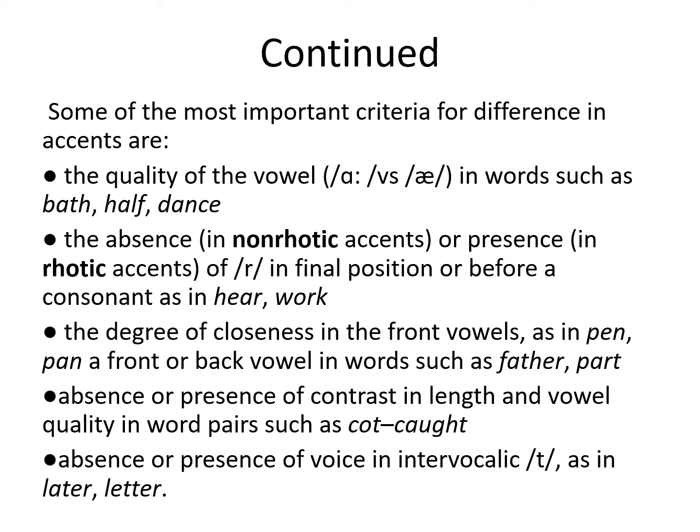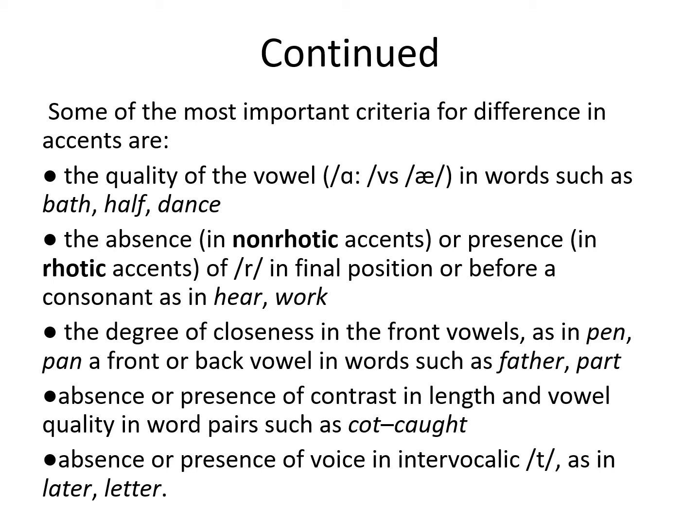So what is rhotic and non-rhotic? What is the letter that we can understand? This is the R sound, R letter. British do not pronounce the R sound in the final position or before a consonant, like here or walk.